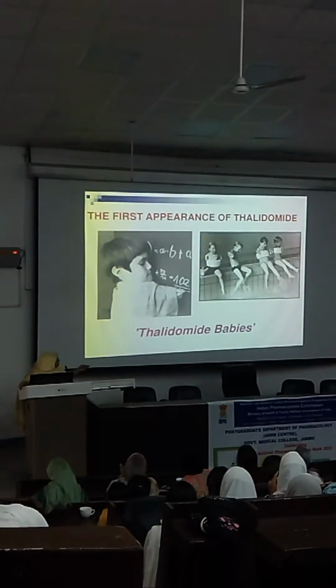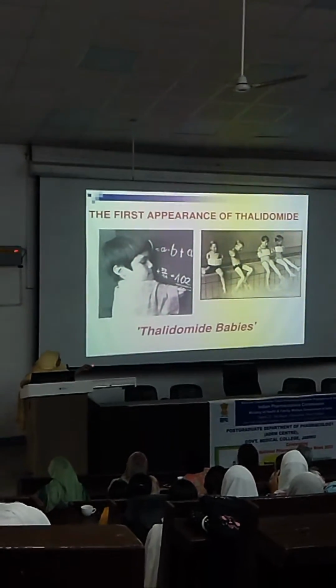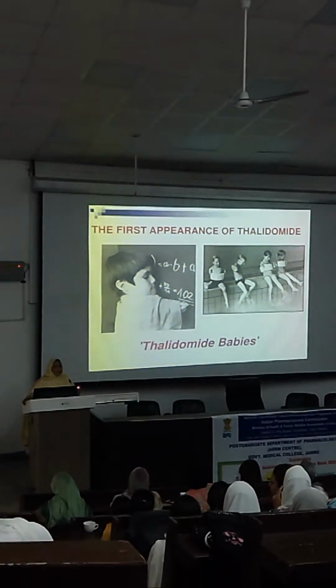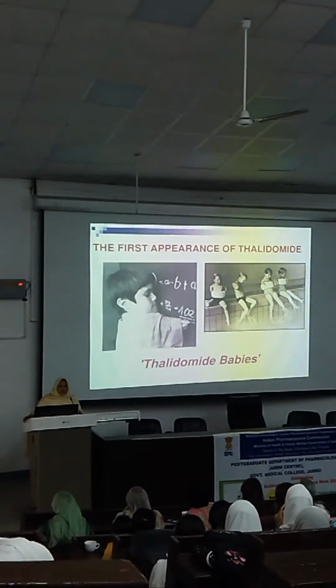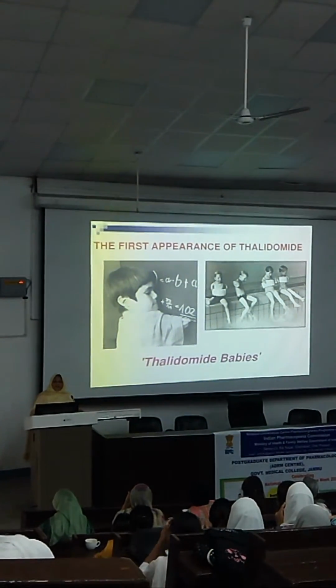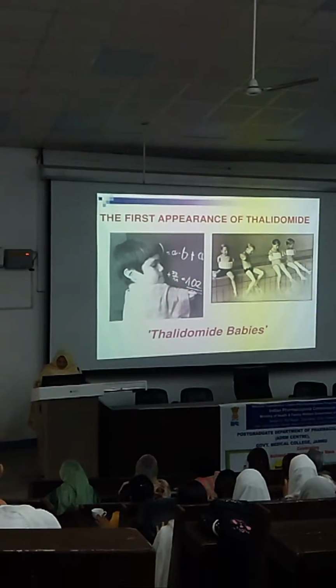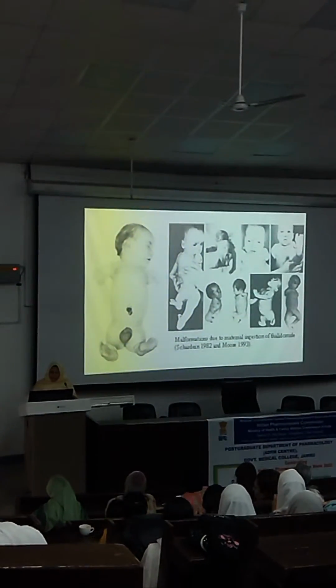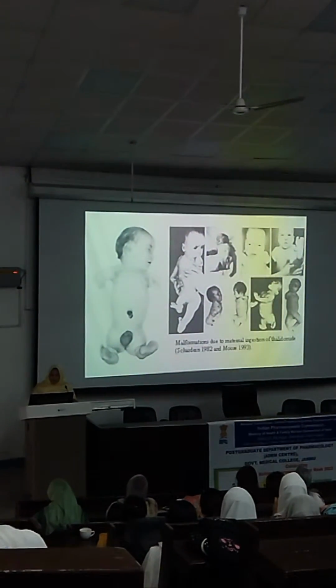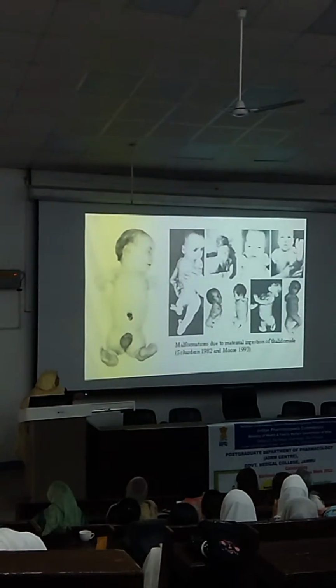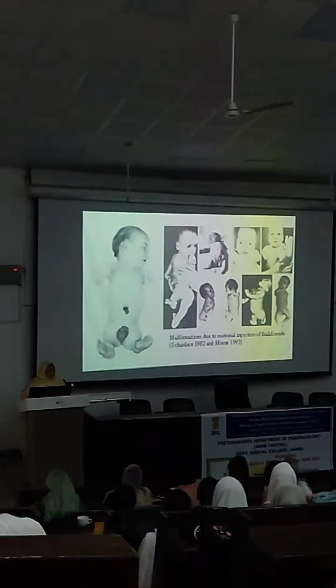You can see they were without upper limbs. So thalidomide babies, both the upper limbs and lower limbs were affected. Again, these are some of the pictures of thalidomide babies.